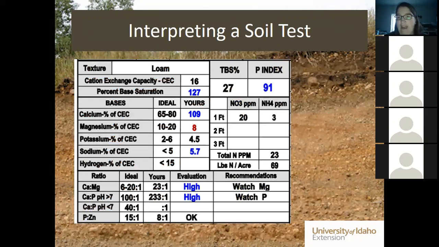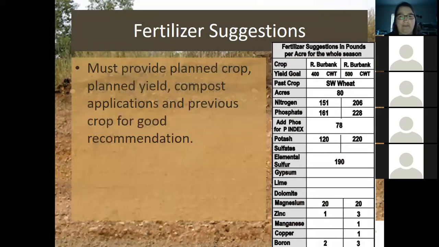And we're going to look at how we actually calculate this on our own. To give these fertilizer suggestions, you have to provide them a planned crop, a planned yield for that crop, and any compost or fertilizer additions that you've added there. So that's usually more information than we have, or we're testing general areas like a raised garden bed where you're going to grow 10 different crops and you had 10 different things in there the year before.